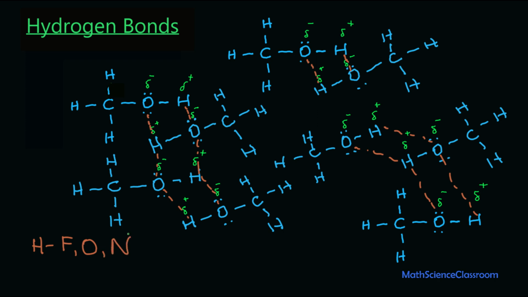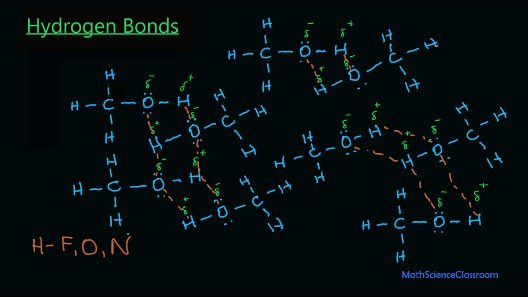And the reason is that fluorine, oxygen, and nitrogen are all highly electronegative. And when they form a bond with hydrogen, they pull the electron from the hydrogen, become more negative, and the hydrogen becomes more positive. So that difference is what causes the charge separation.